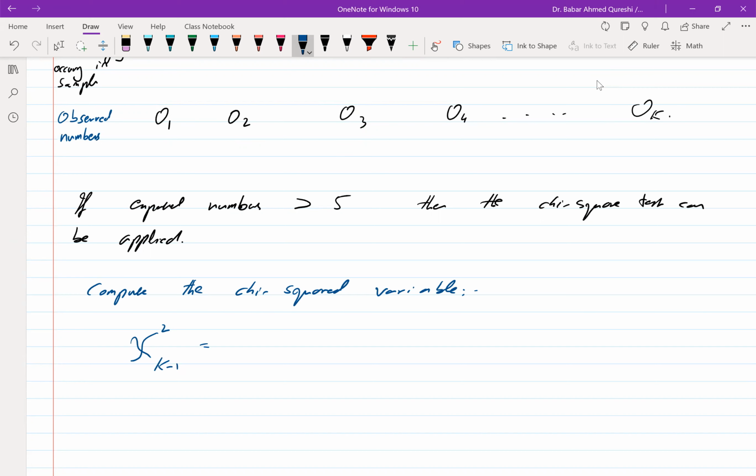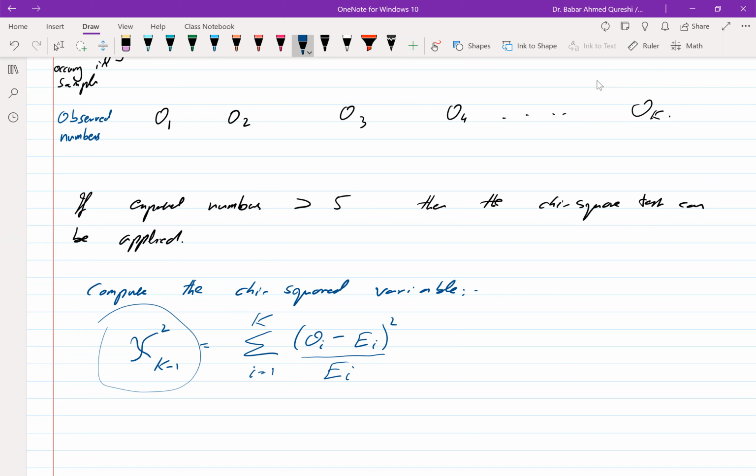So essentially you are fitting a square deviation, your observed value minus what you expected, divided by the expected, and you sum over all the categories you have. The combined square differences are collected in this chi-square variable.